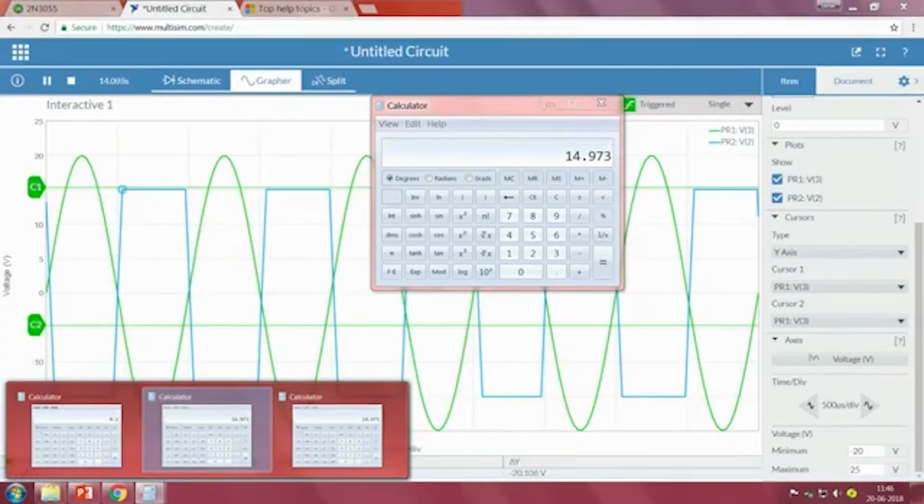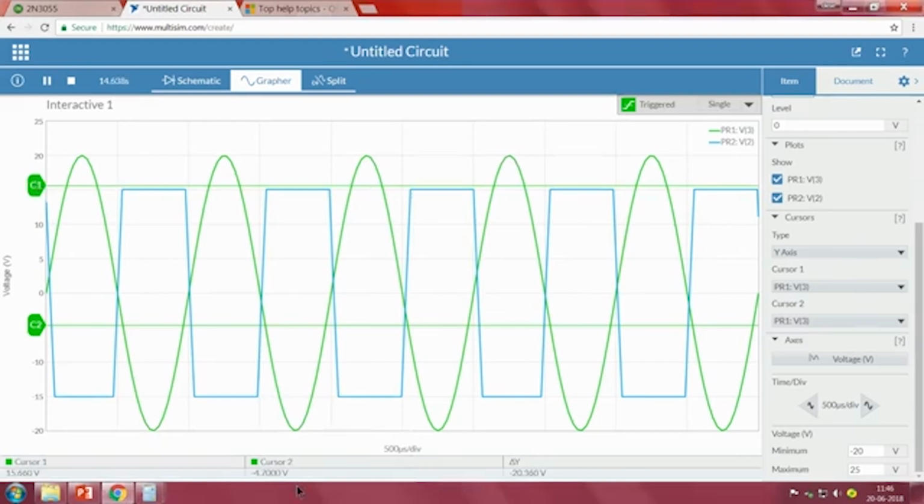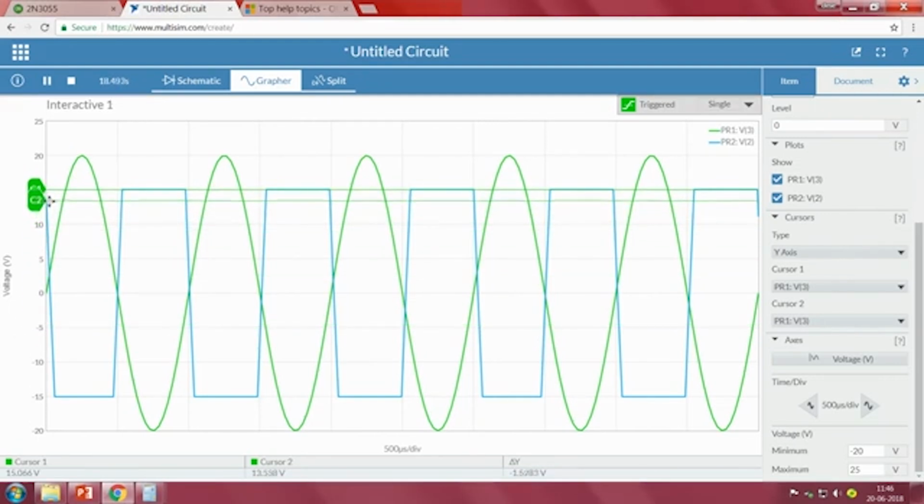So, when I see the C1 cursor, it is somewhere around 15.6, so I have to keep it at 15.0. Let me keep it at 15.066 approximately, and the other cursor should be somewhere around 14.97. Let me try whether I can get it. Yes, 14.98. Now, if the input is greater than this point, it is almost looking the same.